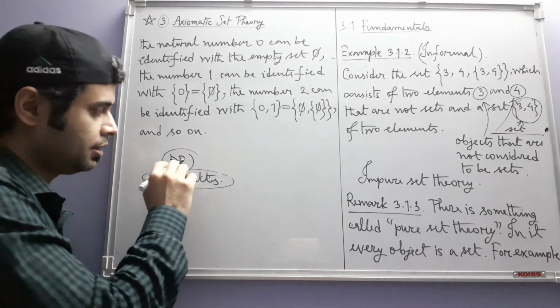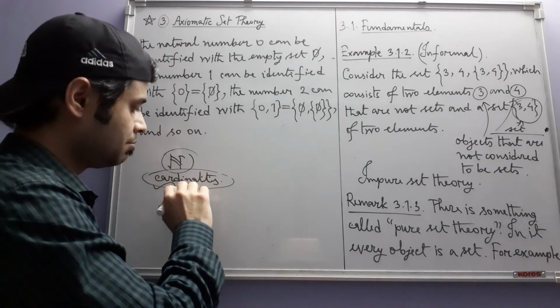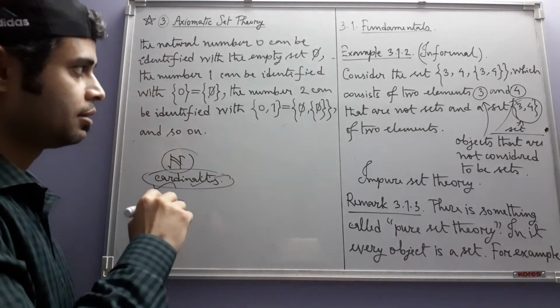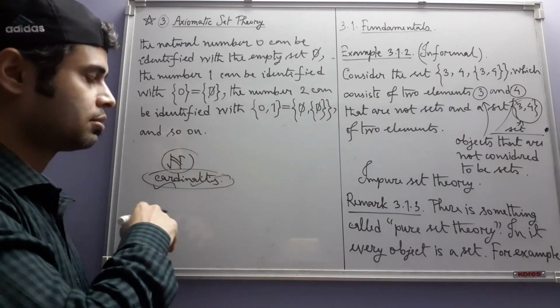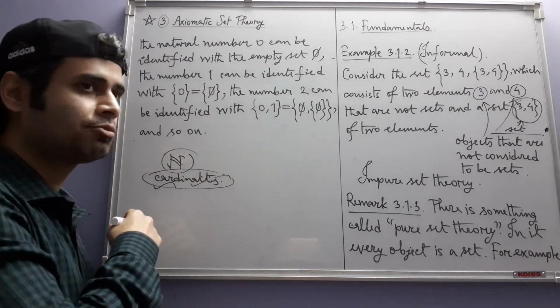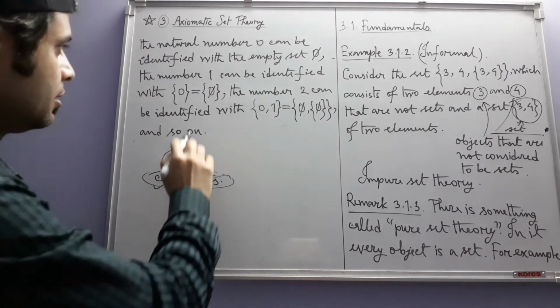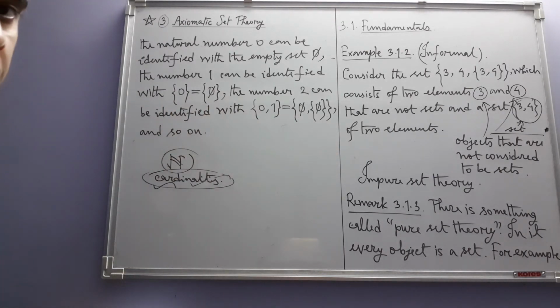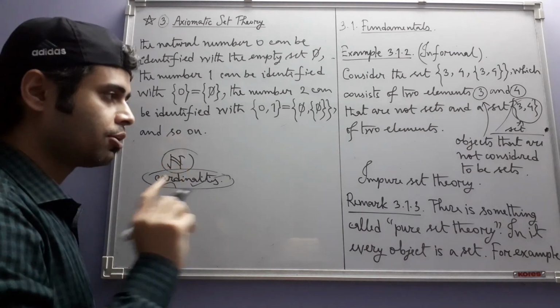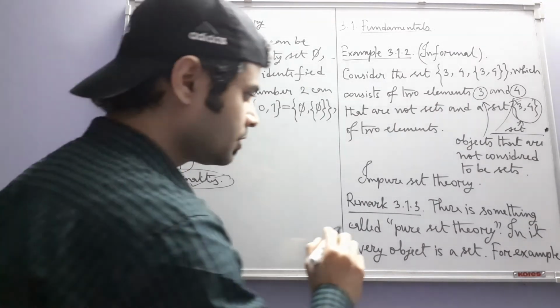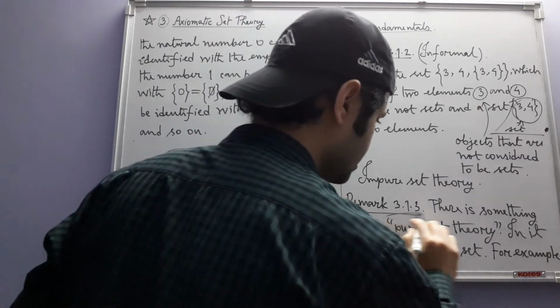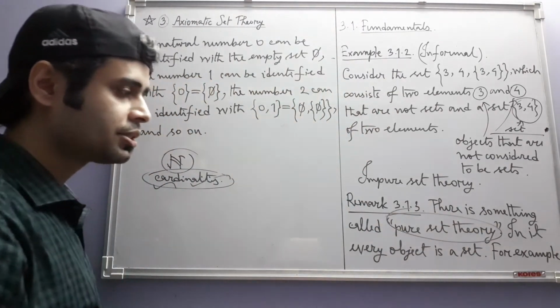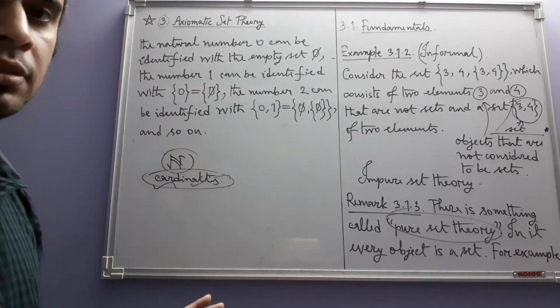But if I develop them using cardinalities, then my system becomes like some sort of pure set theory where numbers are also sets. So from a logical point of view, a pure set theory is easy because it has nothing but sets.